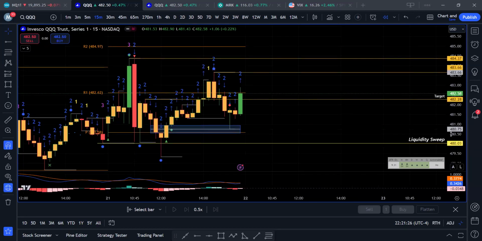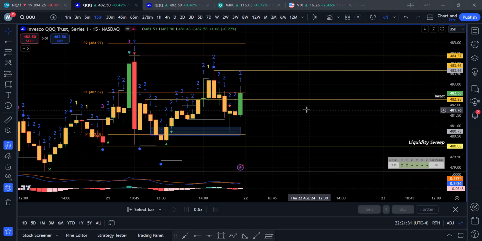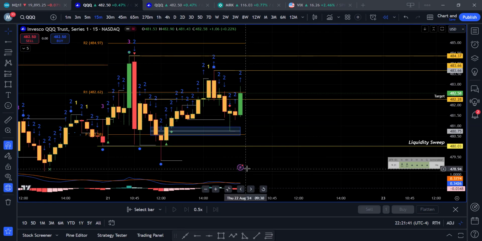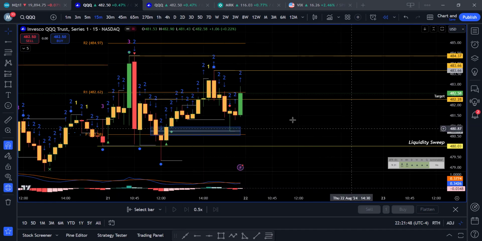So again, I have not perfected it. I'm not 100% confident in it. However, I've been 3 for 3 so far in the Qs using this setup. So maybe with scalping, this may actually turn out to be my setup. And I'm only trading this setup. I'm not looking for anything else.